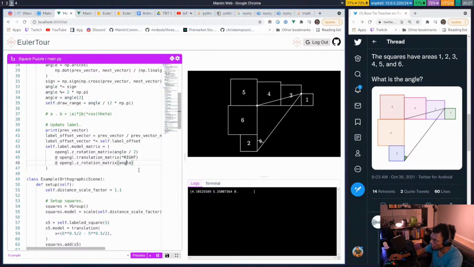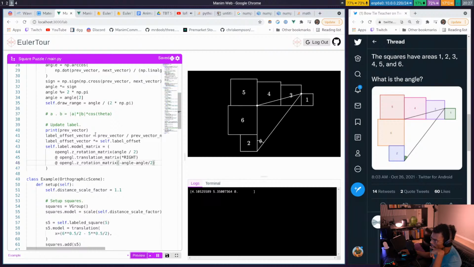This should be a positive angle over 2? So close. Minus angle over 2. Okay, now it's upside up.